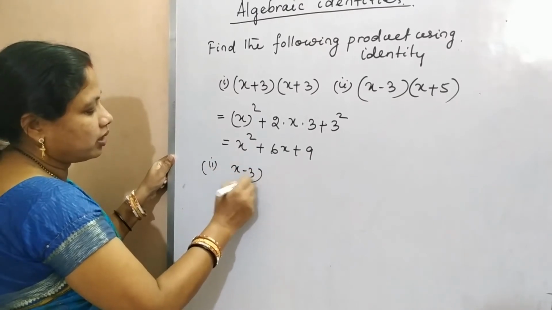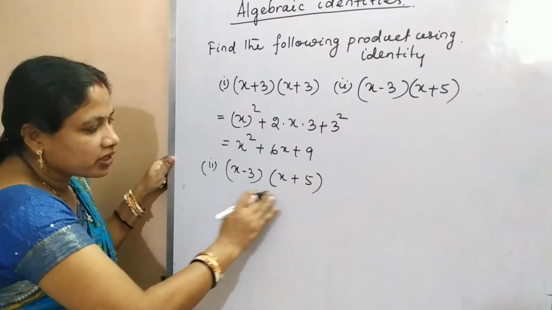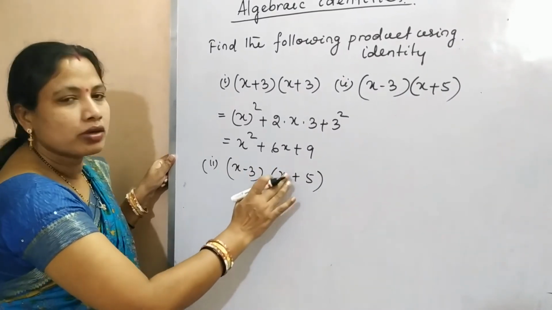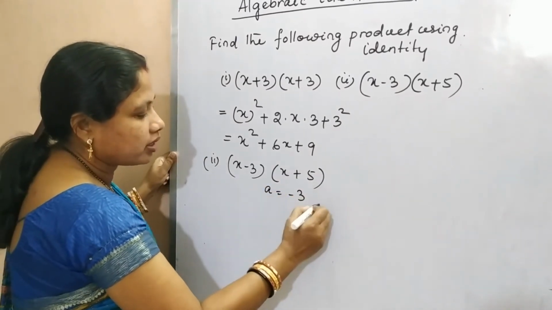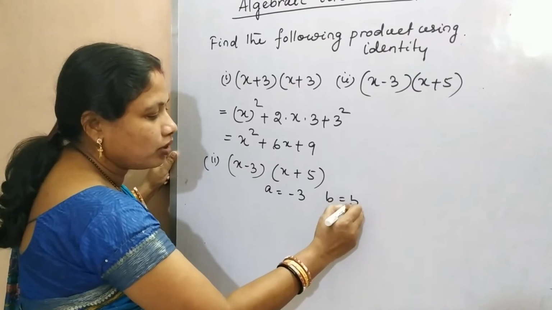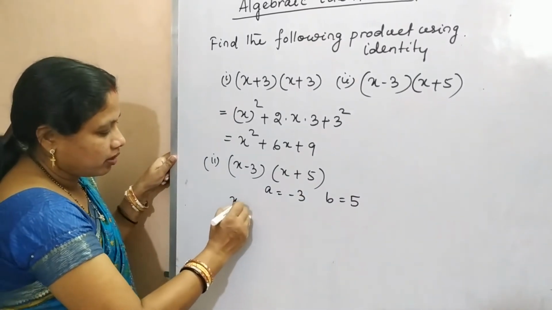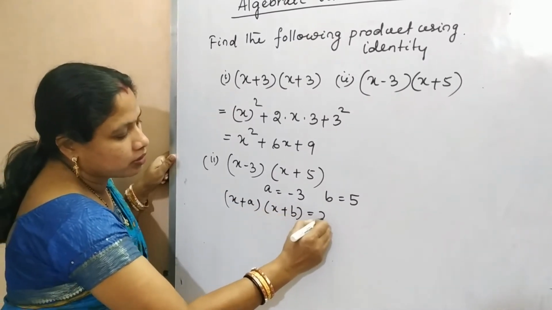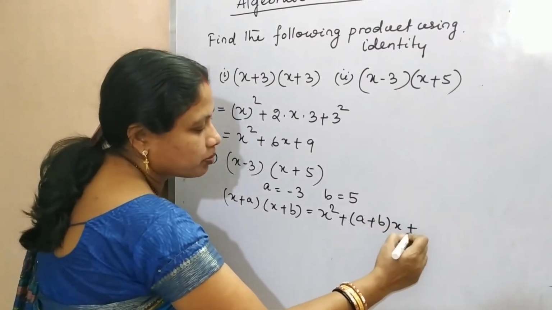(x − 3)(x + 5). So this multiplication is based on the identity (x + a)(x + b). So here a = −3 and b = 5. We know (x + a)(x + b) = x² + (a + b)x + ab.